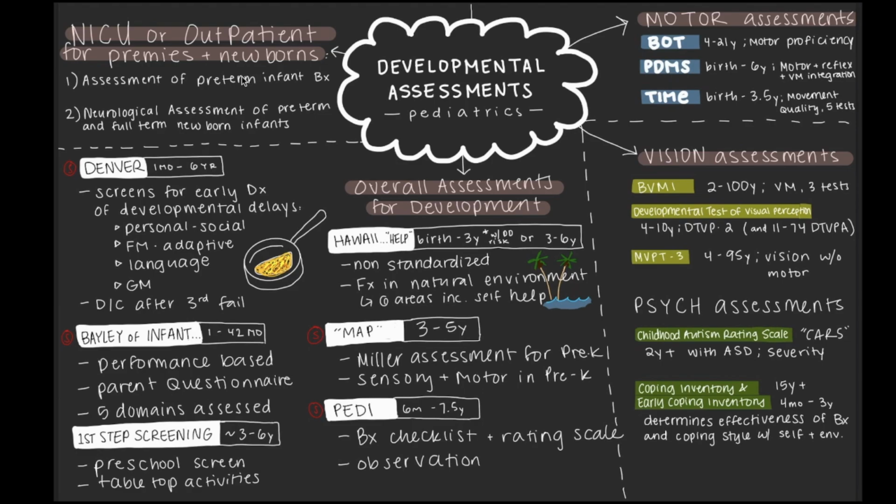So moving on to the Denver Developmental Screening Test. This is for 1 month to 6 year old. The Denver test ultimately screens for early diagnosis of developmental delays in areas of personal, social, fine motor, adaptive, language, and gross motor.